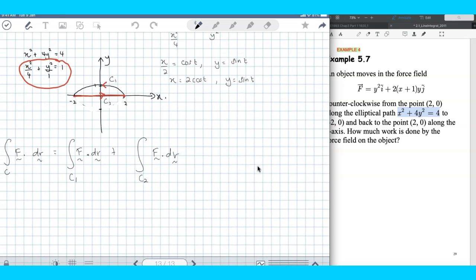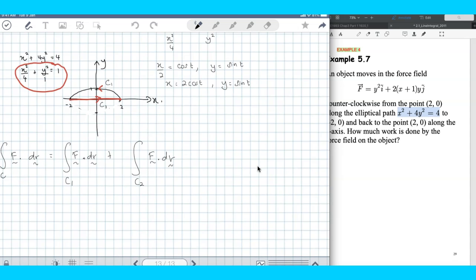Okay, now based on the information provided, the F given is (y squared, 2x plus 1 times y), and dr contains dx and dy.